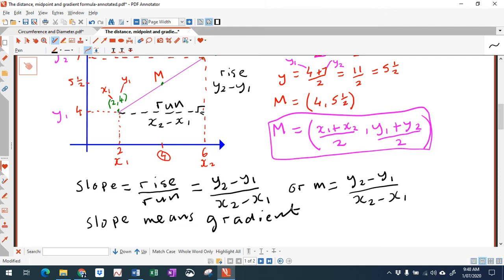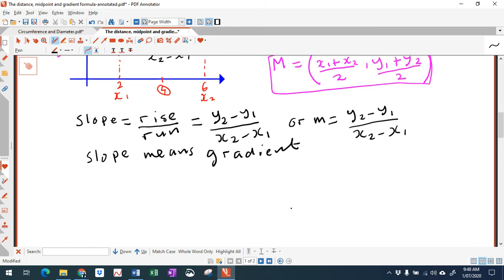Okay. Now, if you're thinking back to year 9, a line which slopes up from left to right has a positive gradient. And a line which slopes down from left to right has a negative gradient.